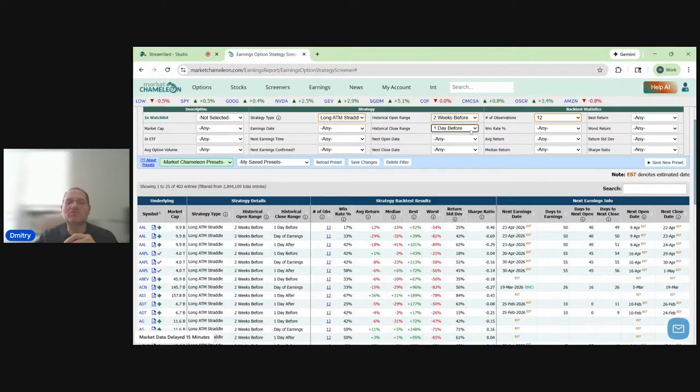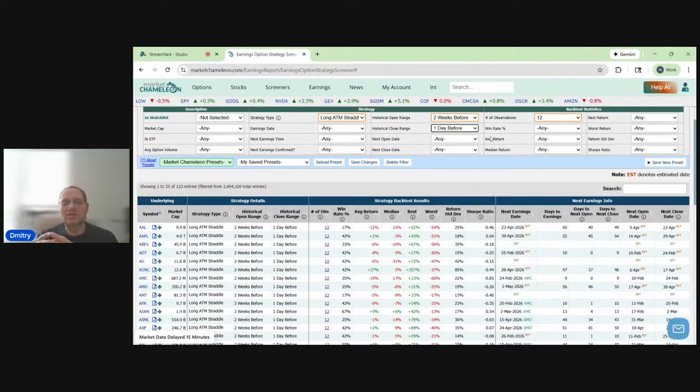So end of day, the day before earnings. Did the straddle tend to increase in price, decrease in price, stay the same? So that's a question. You know, did implied volatility or the stock movements make that straddle worth more, or did it decay over those 2 weeks? You know, even if implied vol goes up, it could have decayed and lost value.